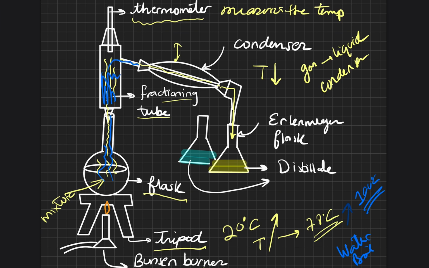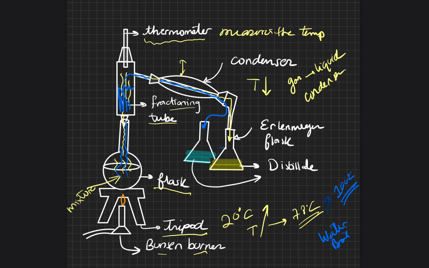It's going to go through the same track, it's going to turn into liquid, and then it's going to go into the other flask, because we're going to change the flasks. That's basically how we separate homogeneous mixtures using this distillation technique.